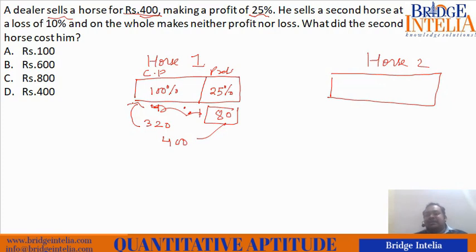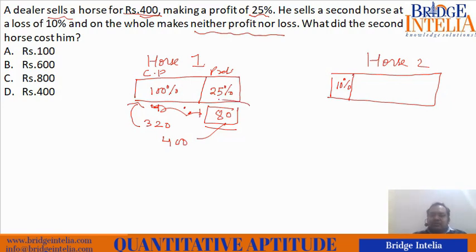What happened when he sold the second horse? When he sold the second horse, he incurs a loss of 10%. Here he is gaining, here he is losing. Overall, it is a case of no profit, no loss. So what does this mean?